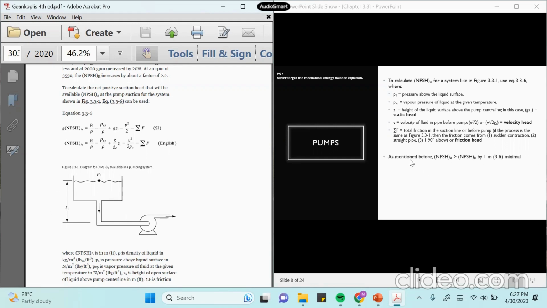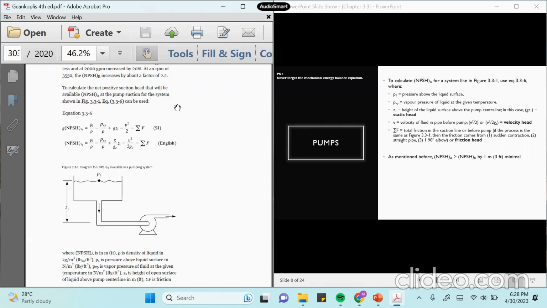Now, maybe before I go to the next point in our PowerPoint, how about if I have a tank that is not above the pump? The pump is above the tank. That means the value of Z1 is minus. Let's say when the liquid surface is 5 meters above the pump center line, Z1 is plus 5, positive 5.